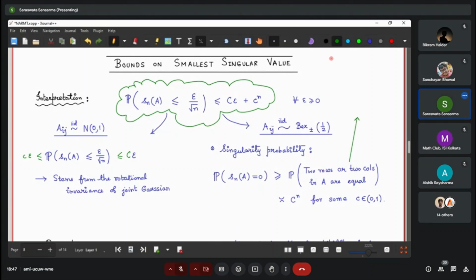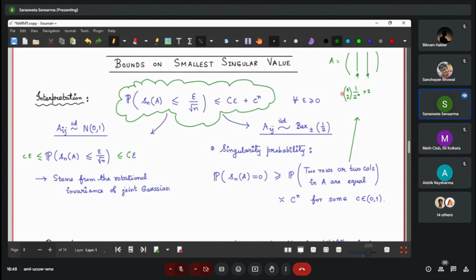Let's say this is your matrix A, and the probability that any two columns are equal is 1 over 2 to the power n, but you can choose the columns in n choose 2 ways. Similarly, it is singular if the rows have such a relation, so you multiply by 2. And similarly, the rows and columns could be minuses.